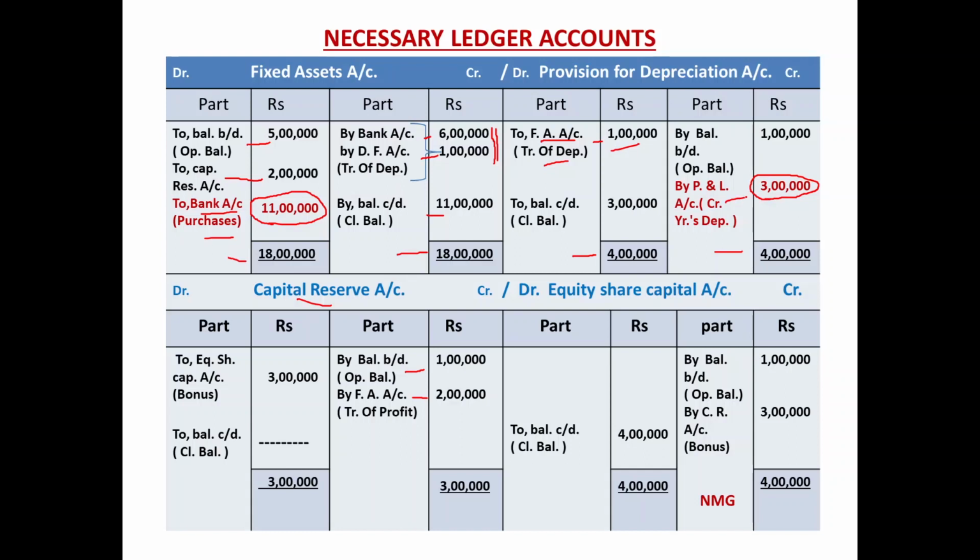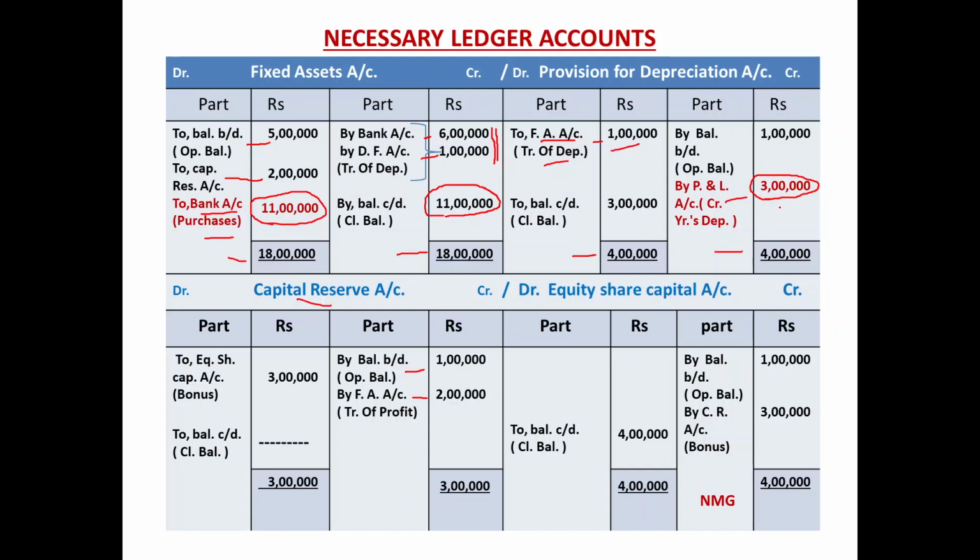Under the depreciation fund system, credit for the current year's depreciation is always given to the depreciation fund account, provision for depreciation account. See, at the end of the year, the company was using fixed assets worth rupees 11 lakh. So some depreciation has to be written on this.